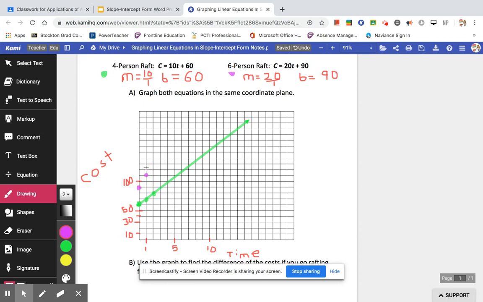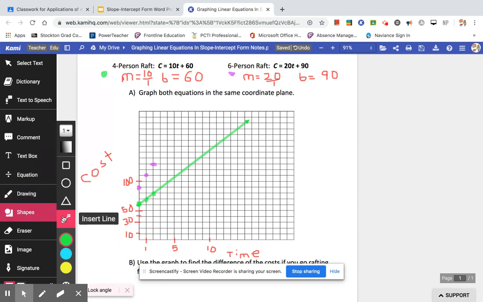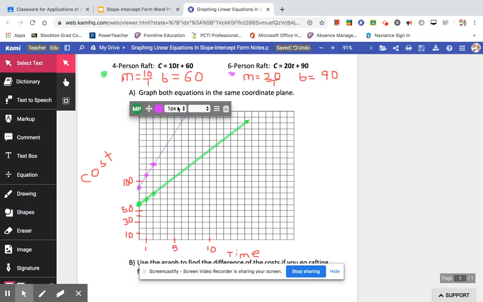If I do that again, up 20, which is 2 boxes, and over 1. That will be my second one. Again, I can add that line in by clicking the first one and just drawing through the other 2. But like, you can get a little fancy, make them a little bigger, add some arrows to the end. But that will be the graph for these 2 lines.